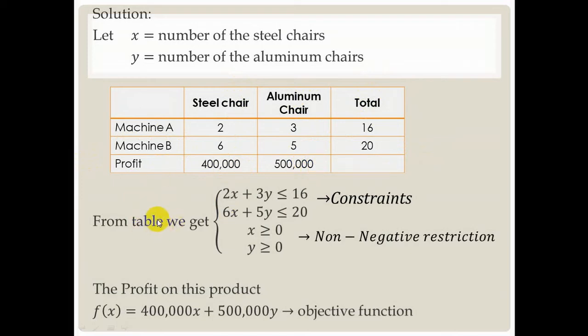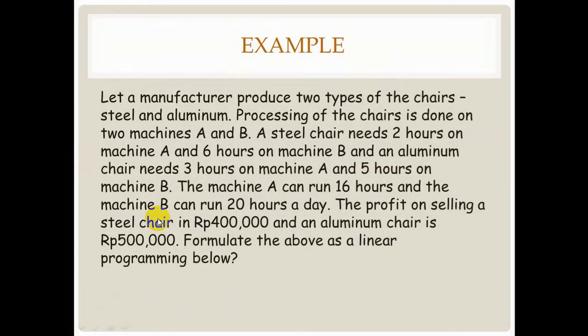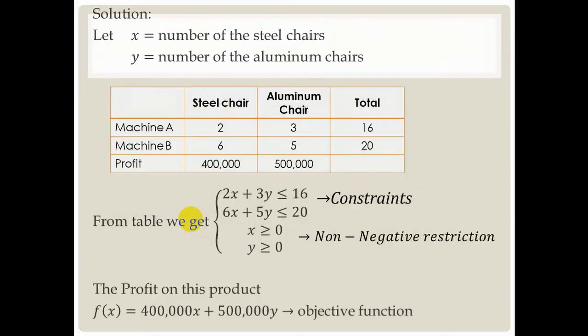So from the table, remember the key point in this problem: they are working not more than those hours. Machine A can only run 16 hours, and machine B can only run 20 hours. So here we have 2x plus 3y less than or equal to 16 hours.